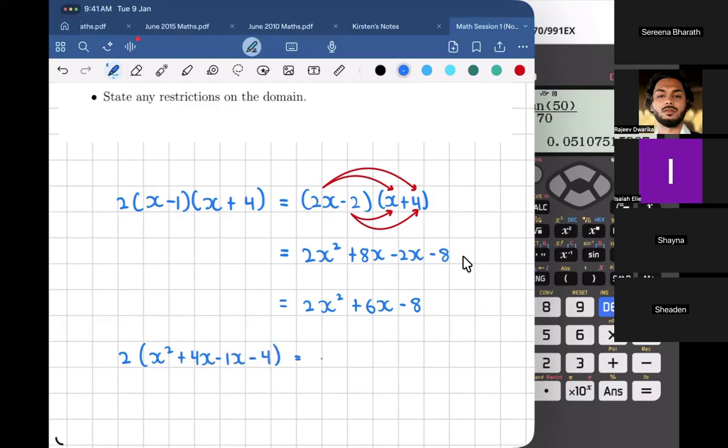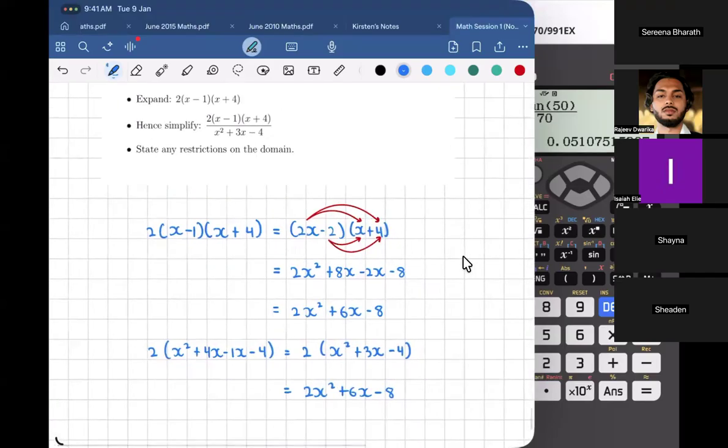Simplifying inside the brackets, 4x minus 1x is plus 3x, so x squared plus 3x minus 4. Multiply everything by 2, it'll be 2x squared plus 6x minus 8. So either one would work out fine.